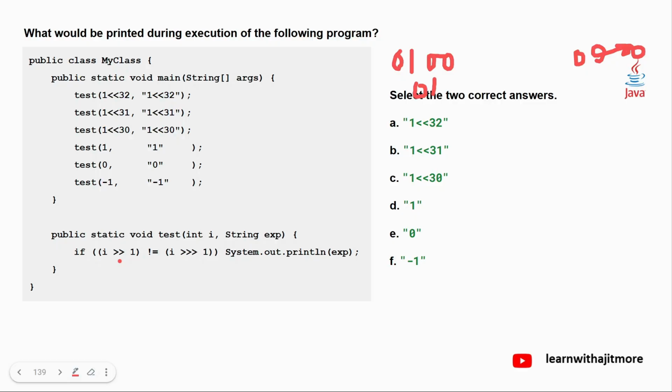They will be different. Think again, guys. As your sign bit is what, guys? Here it's 0. For 3 greater it will be same. Yes, same only. When you do it by 3 greater, always 0 comes.